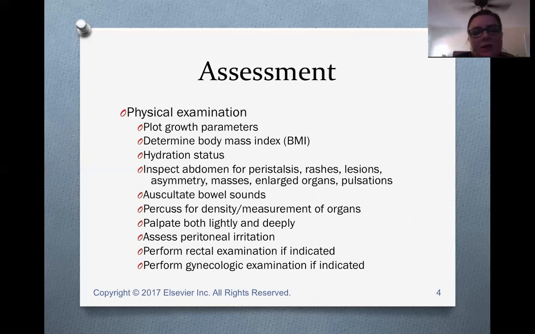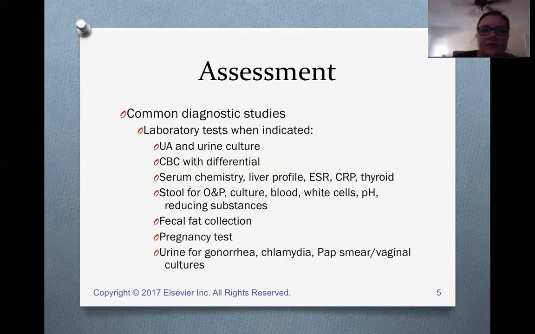We don't do that routinely unless there's a problem with constipation or leaking of stool or something. And then the GYN exam, we don't do that very often unless there's a clinical indication. Certainly we check pubertal development, but as far as doing actual pelvic exams, we don't require that very often for our diagnosis and treatment.